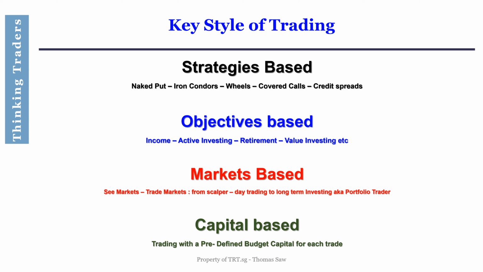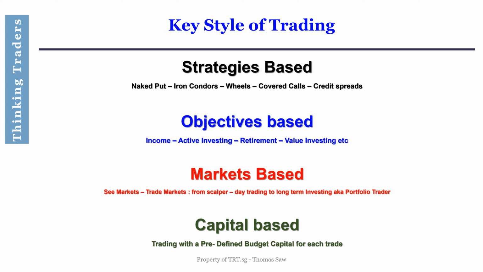That is strategy based. I sell 90-day iron condors at delta 15. That is strategy based trading. I do the wheel method: I sell delta 25 puts, then once I get shares, I sell delta 25 calls, and vice versa. All these are strategy based. Basically, you have a strategy, and you find a product to apply it to.